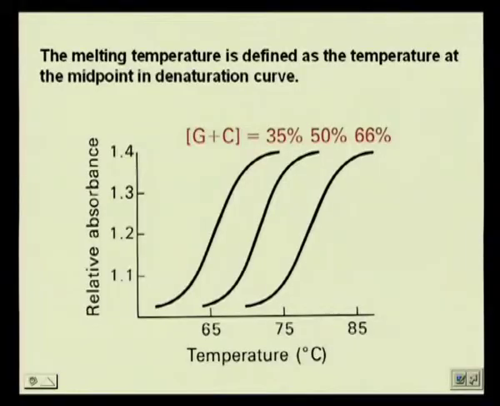Okay? So, the GC content is important in determining what the melting temperature is. Okay? We are going to see other factors also of DNA, but the higher the GC content, the higher the Tm. Why? Because it has to disrupt in that case 3 hydrogen bonds to separate the strands.